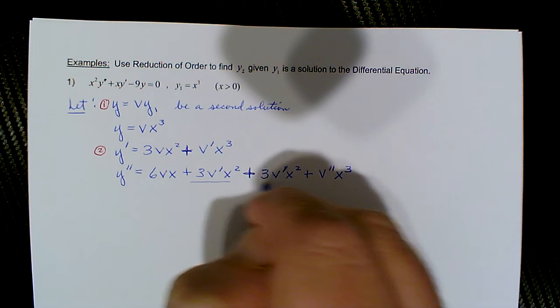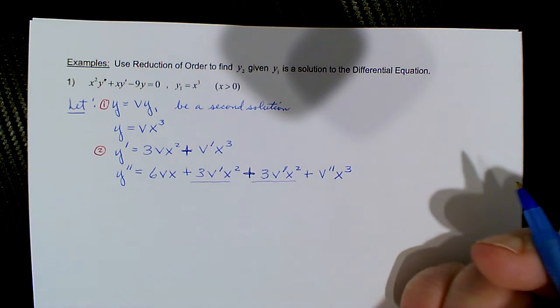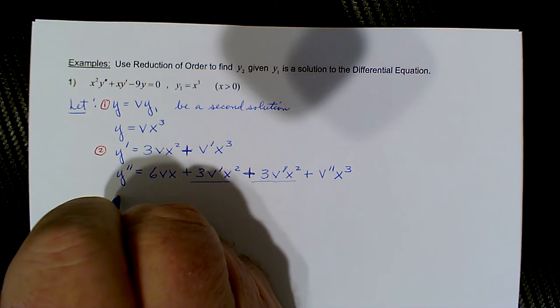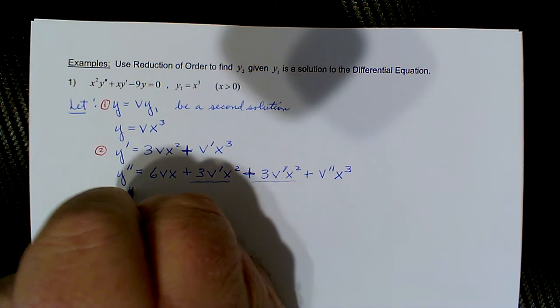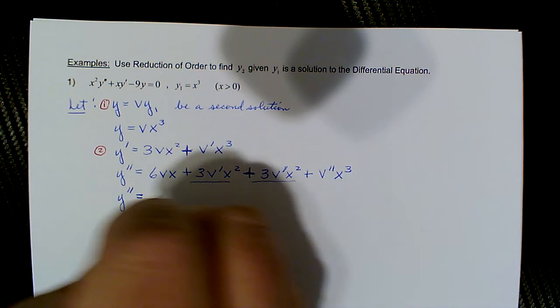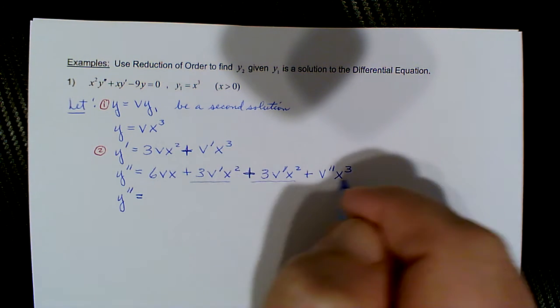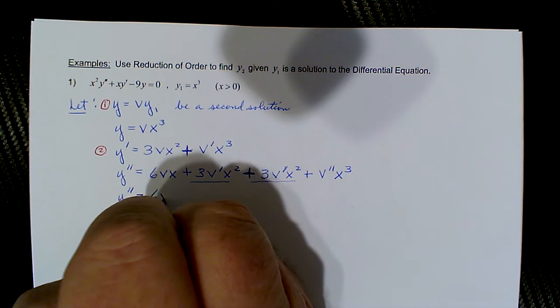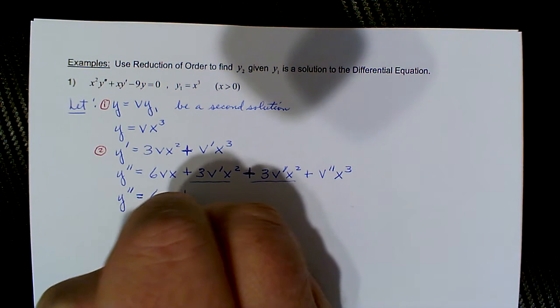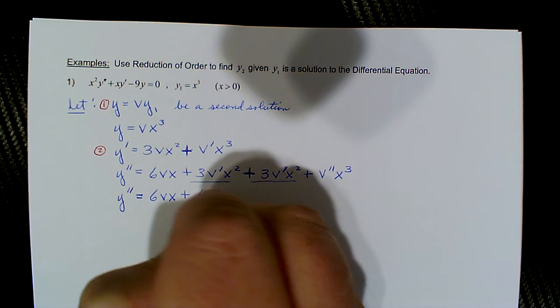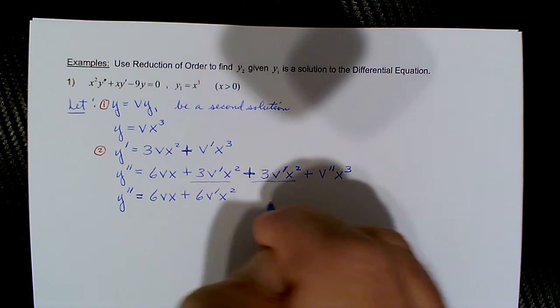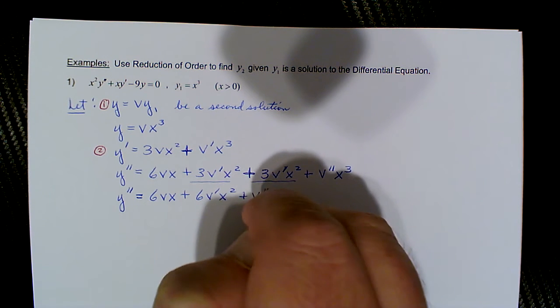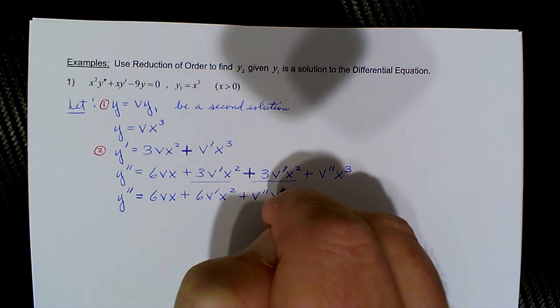But then notice that this will always happen. We basically proved it on our previous page, that the middle terms will always combine if you perform the product rule in that fashion. So 6vx plus combining those, 6v prime x squared, and then plus our v double prime x cubed.